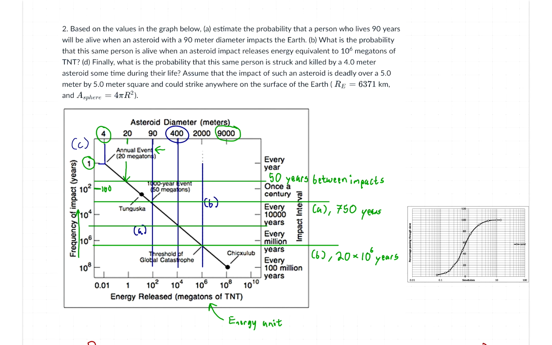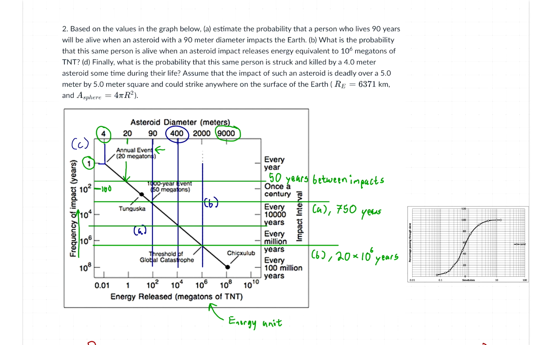So the idea then is you're going to find the portion that square is of the overall surface of Earth using the formula for the surface of a sphere, 4 pi r squared, and then considering that the person is equally likely to be anywhere on Earth, which is a bit of a stretch. Of course, the person is not equally likely to be anywhere on Earth. They're more likely to be on land than on the ocean, but we're going to assume they are equally likely to be anywhere.